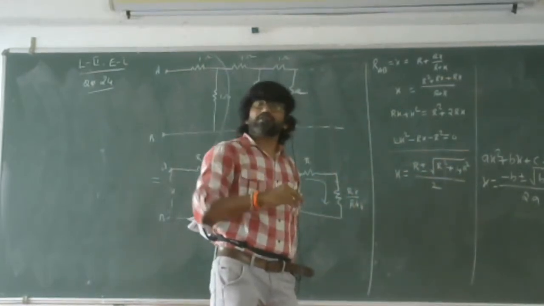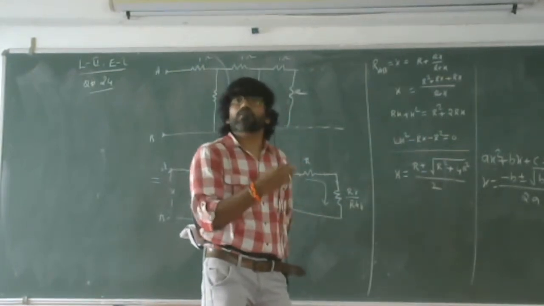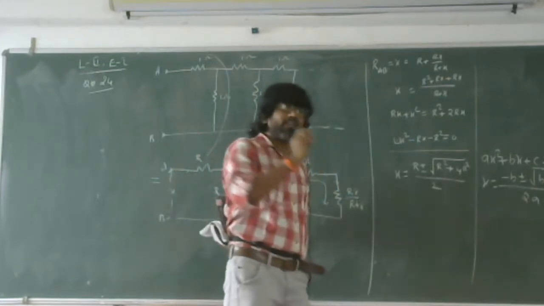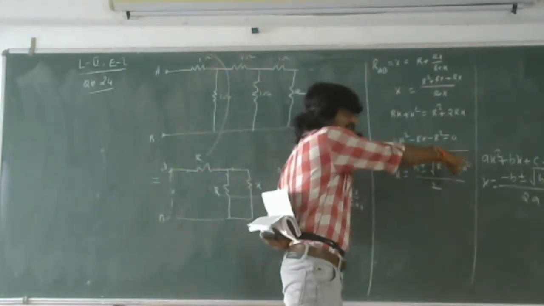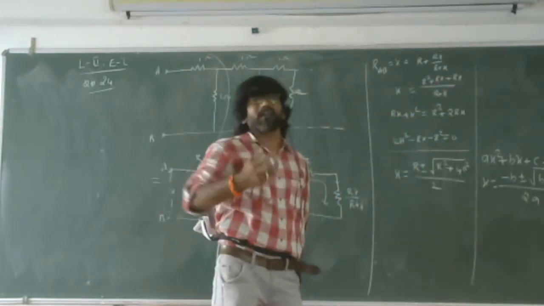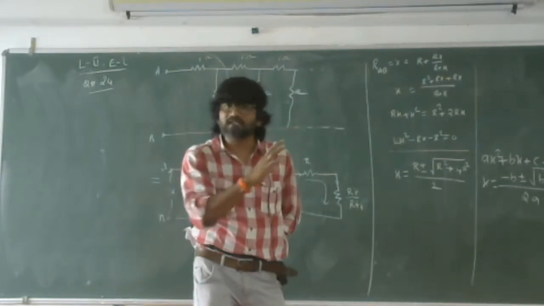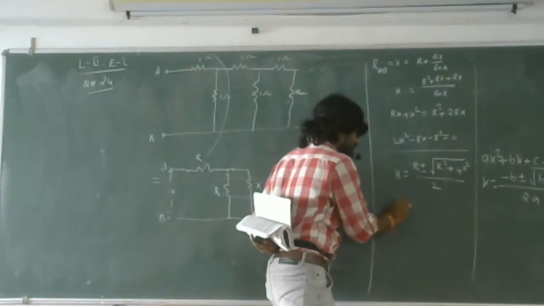So this is 5 R square. R square you take out, so it becomes R root 5, or root 5 R. So root 5 is 2 point something. So if you take the negative value, you will get R minus something like 2.2 R, which means you will get a negative value for resistance. Resistance cannot be negative, so there is no need to consider the negative root. Let us consider the positive root.